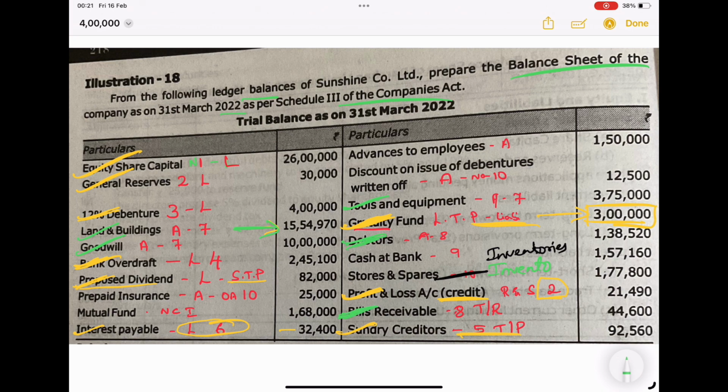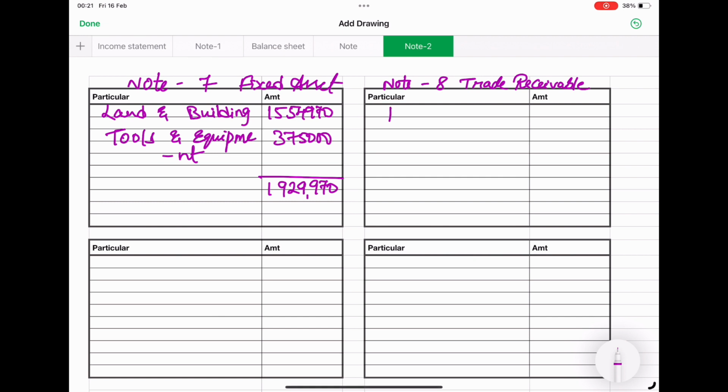Bills receivables is 44,600, and debtors we are having 1,38,520. If you add both, the value will be 1,83,120.